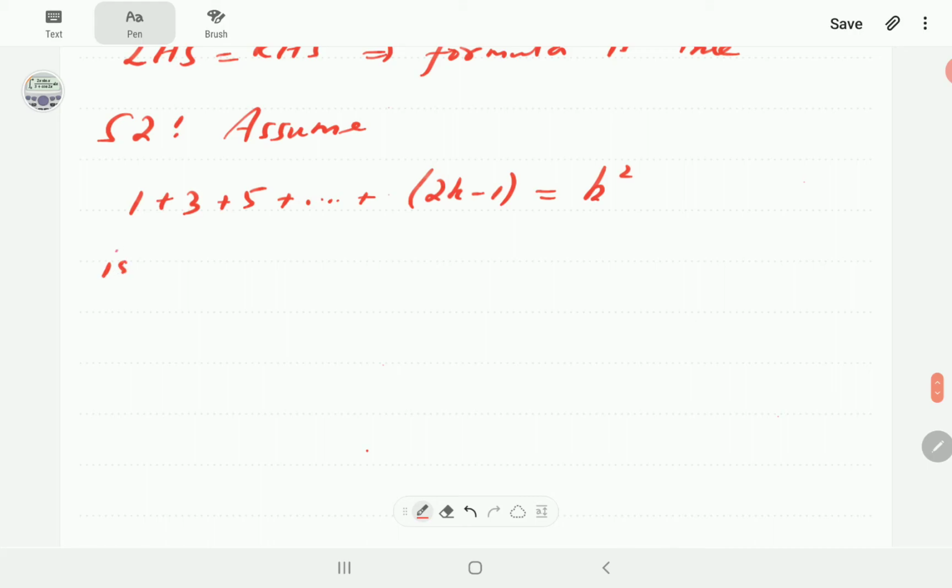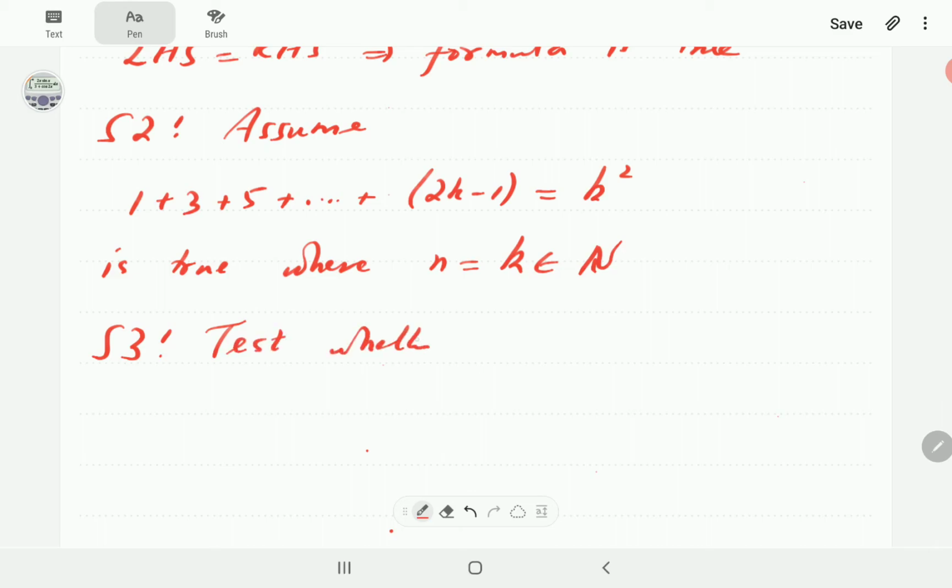So assume this is true where n equals k and k is a natural number. Then step 3, we want to test whether 1 plus 3 plus 5 plus 2k minus 1, this is term number k.